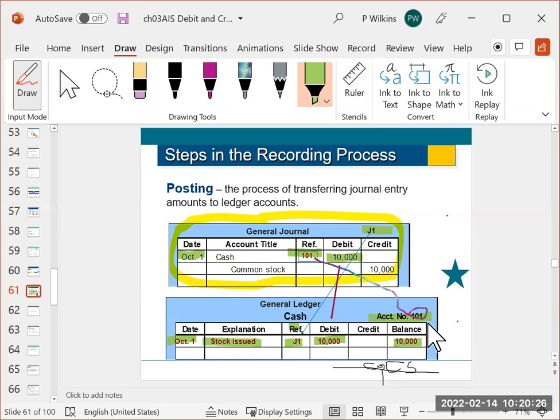Generally the way it works is that assets start with a 1, liabilities start with a 3, revenues start with a 4, and so your cash account could be account number 101, 1001, 10,025. It just starts with a 1. That's kind of the way it goes. So every account has a number.